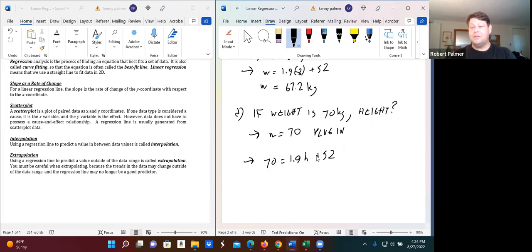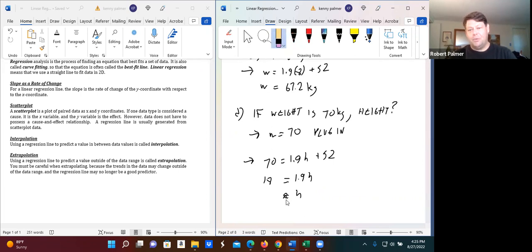First, subtract 52 from both sides, and that's going to be 18, which is 1.9 H. Then divide 18 by 1.9. Depending on where you round that off, I'm going to round it down. I'll make this approximate. Those little squiggly lines are approximate.